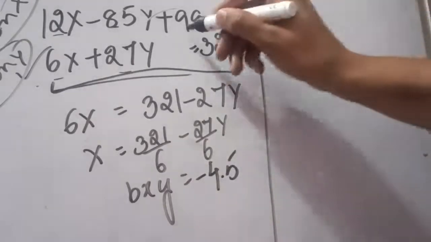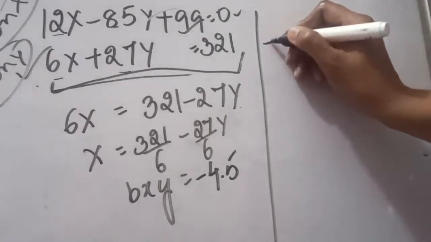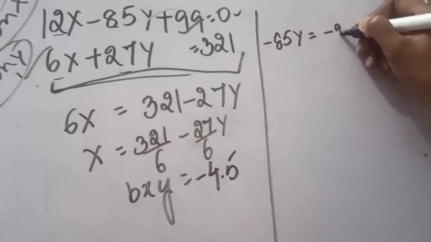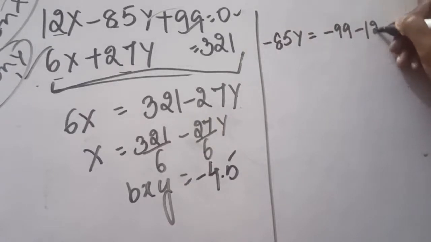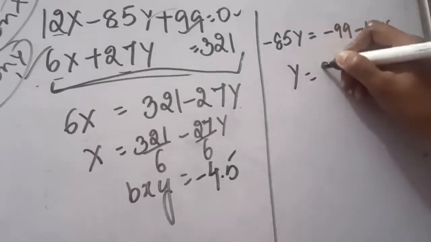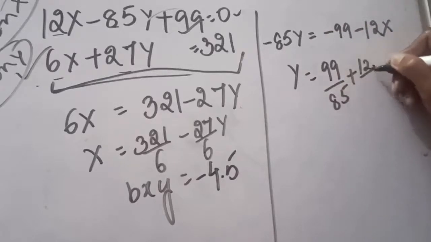Now the first equation will be y on x. If this equation is y on x, then minus 85y should be kept on the left hand side and rest everything should go on the right hand side. Now y will be on the left hand side, so it will become this plus 12 upon 85x.